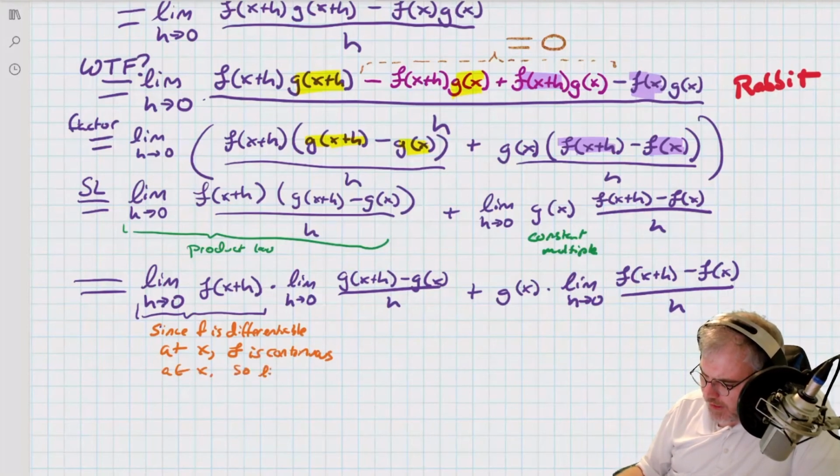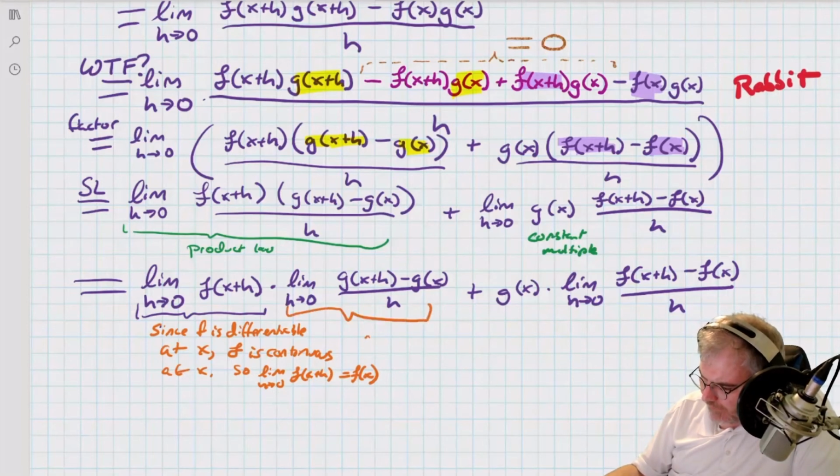So that the limit as h goes to 0 of f of x plus h equals f of x. This term right here is g prime of x. And this term right here is f prime of x.